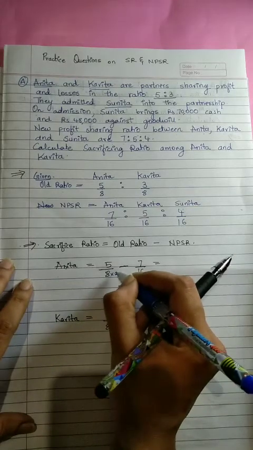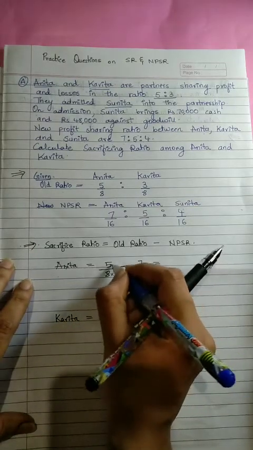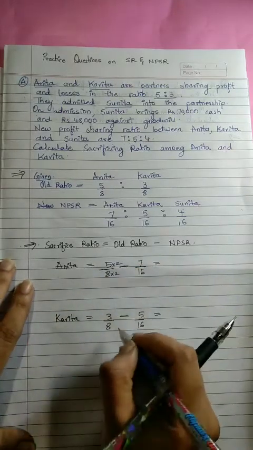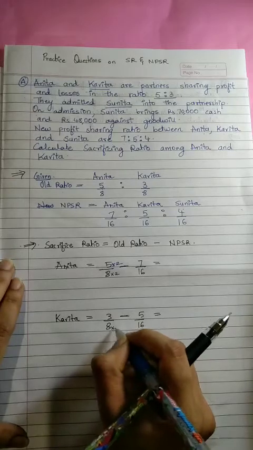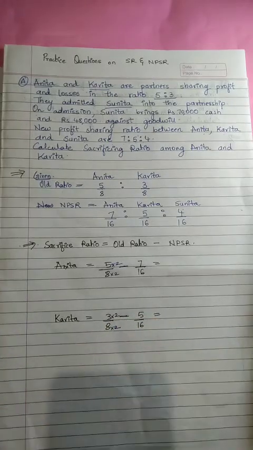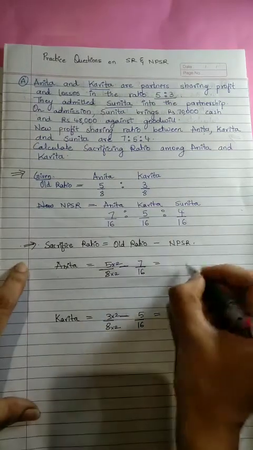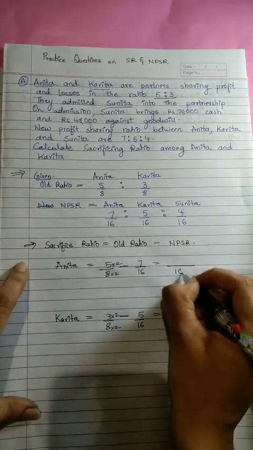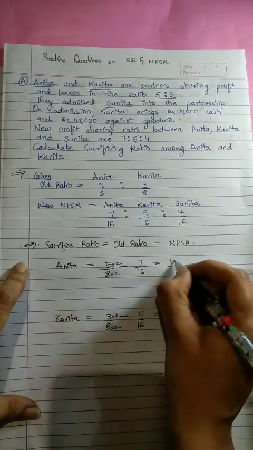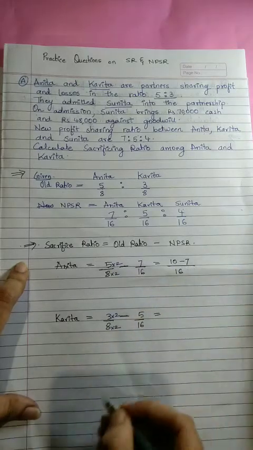If I am multiplying the denominator with 2, then the numerator also I have to multiply with 2. Similarly over here also, to make it 16 I have to multiply this with 2 and the numerator also I have to multiply with 2. Okay, so the denominator is equal now, that is 16. 5 into 2, 10 minus 7.